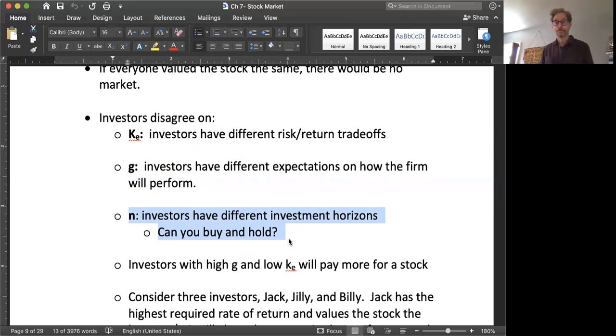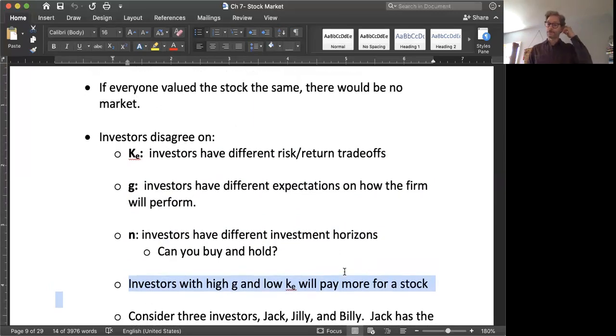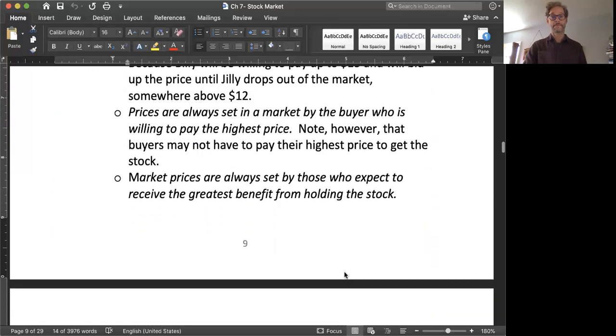They might be thinking more about a speculative reason for buying it. The investors that have high G, meaning that they think the growth rate of dividends will be higher, and that they have lower required returns, will pay more for a stock, right? So if you have a lower required return, you'll pay more for a stock. If you think that the stock is going to grow faster, dividends are going to grow faster, you'll pay more for a stock, right? That's pretty common sense.